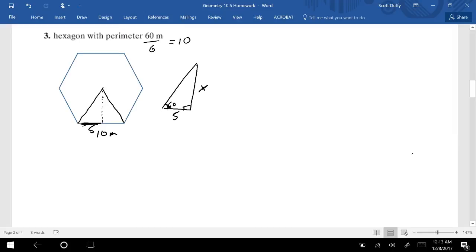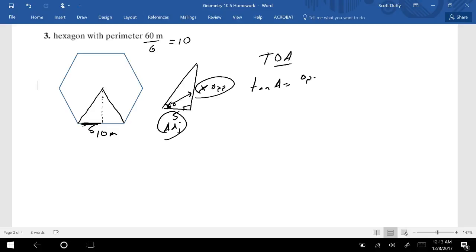If this is the angle of interest, 60, across from it is the opposite. Next to it is the adjacent. And we are using opposite, adjacent, tangent. So the tangent of the angle equals opposite over adjacent.